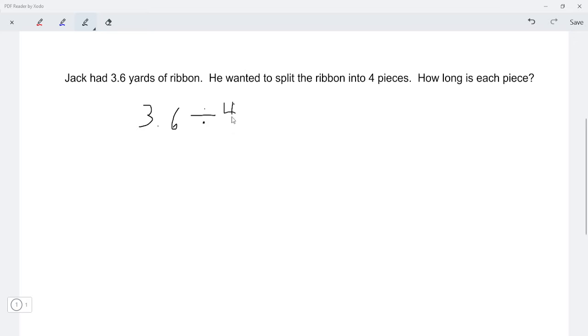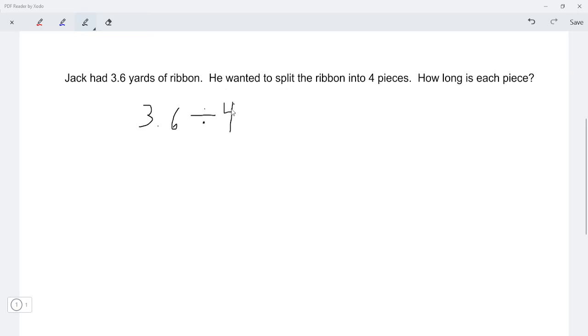Now, unlike whole numbers, when you're dividing, typically in third and fourth grade, mostly, you'll be able to tell which number goes first in a division problem because it ends up just being the bigger number, right?